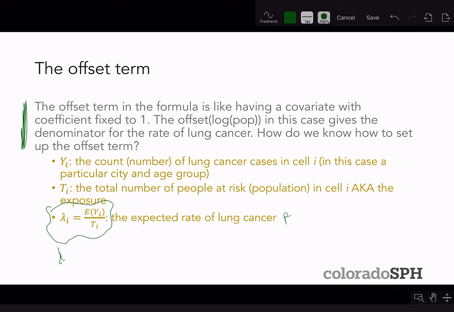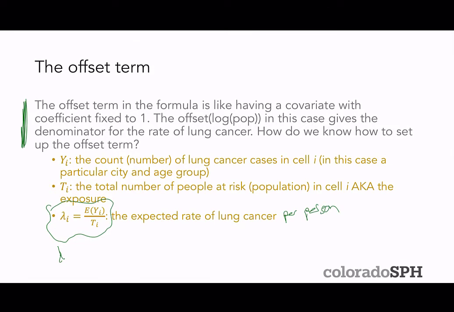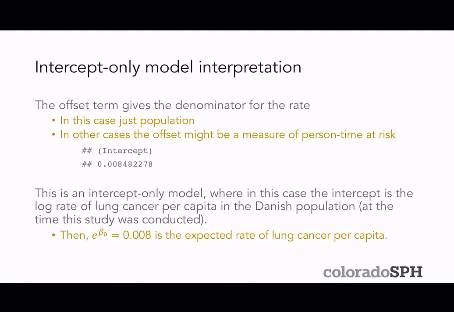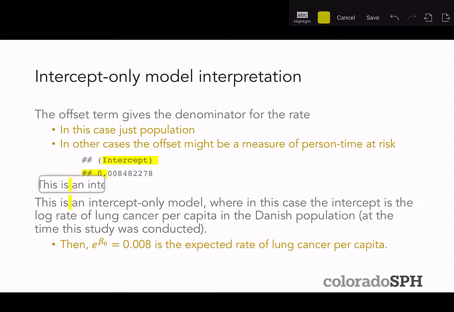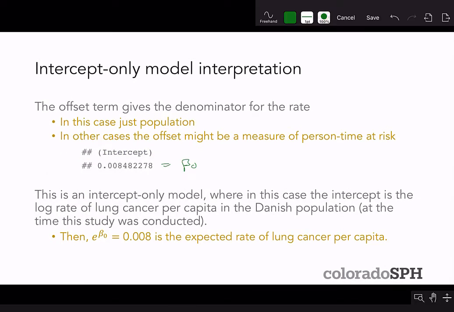So the value that we end up with for beta 0 is given here. In this case, the intercept is the log rate of lung cancer per person or per capita in the Danish population at the time the study was conducted.